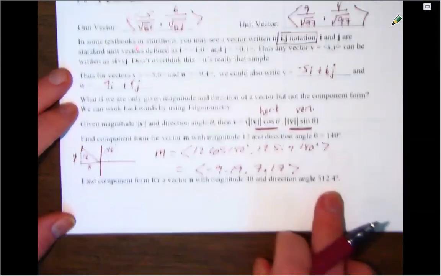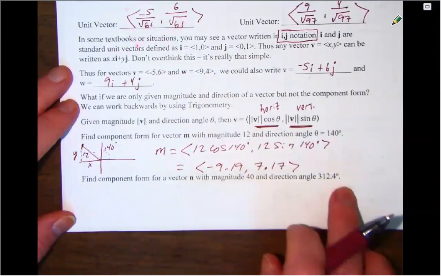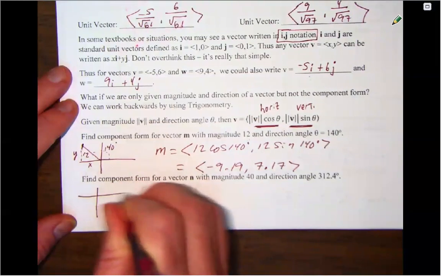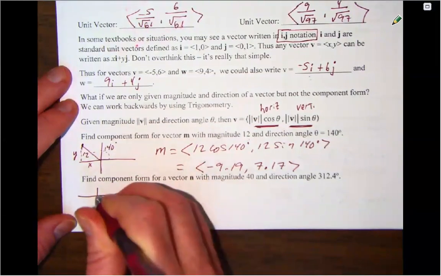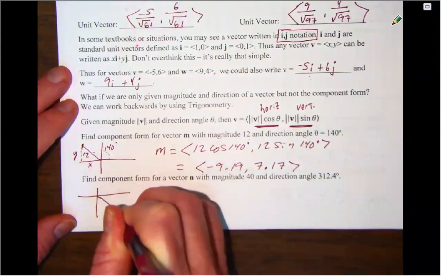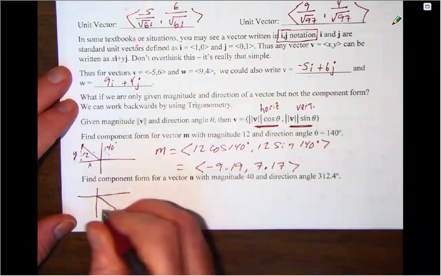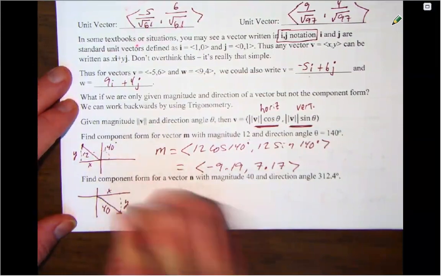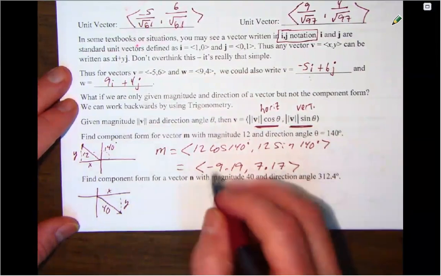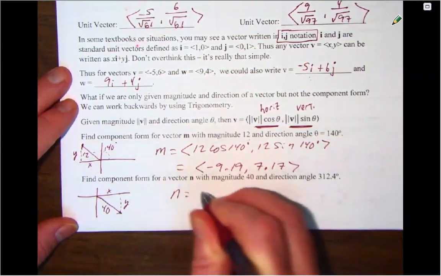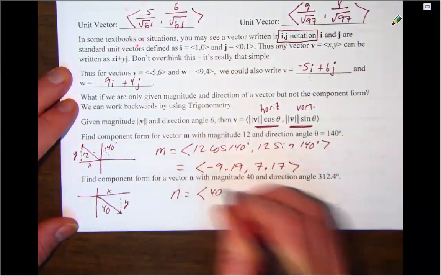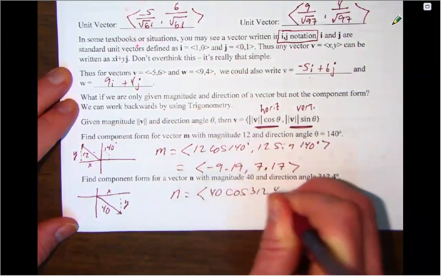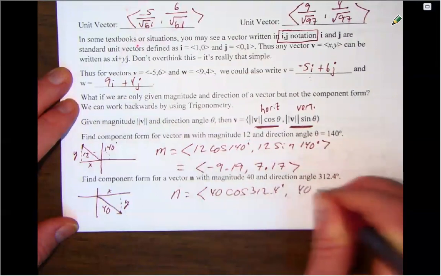So last one, magnitude 40, angle 312.4, weird angle, who cares? I know it's in quadrant 4 somewhere, like over here, ballparkish, with a magnitude of 40. I want to find the x and the y. Plug and chug. 40 cosine theta and 40 sine theta.